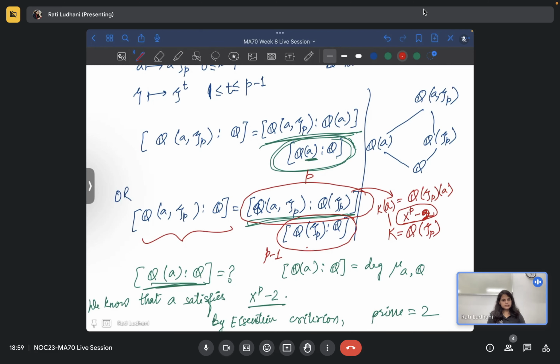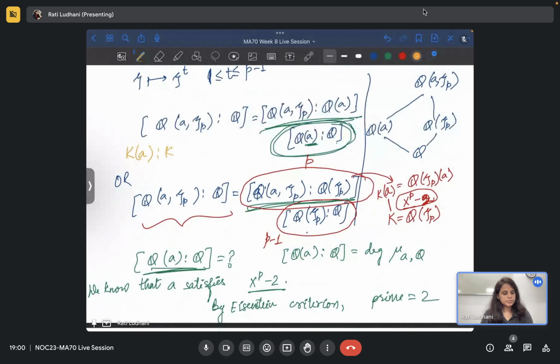So what I mean to say, you have K(a) over K, that is something we try to find. We have one option, find a polynomial which a satisfies, whose coefficients are coming from K, that is x raised to power p minus 2, right?